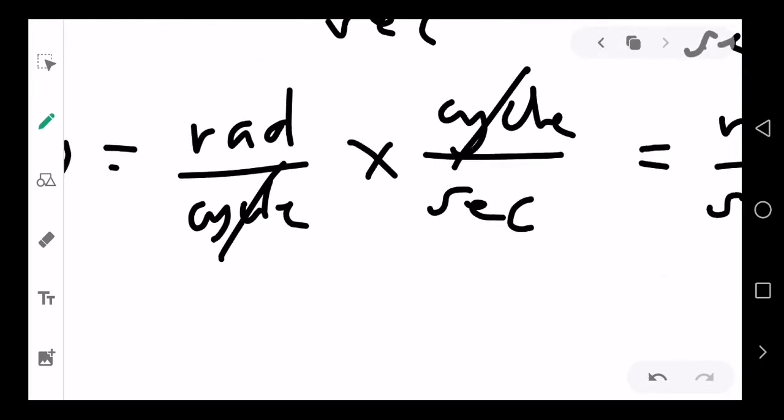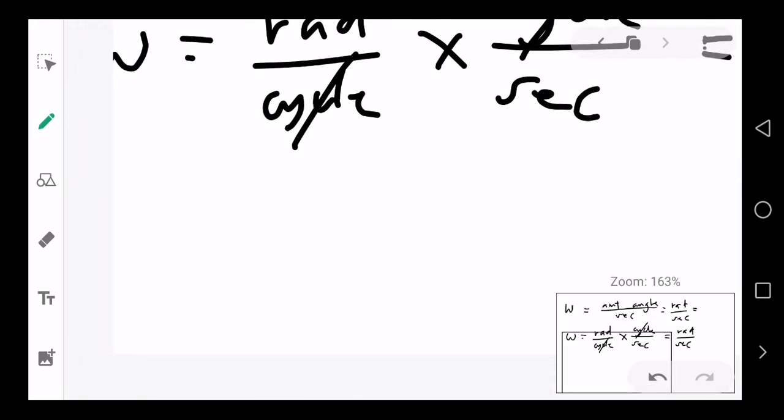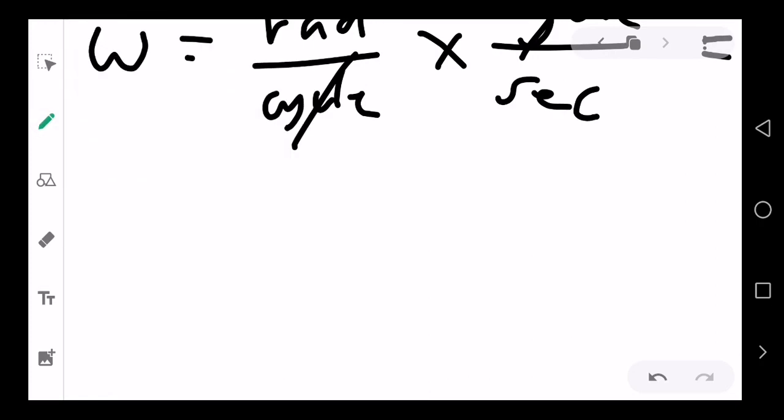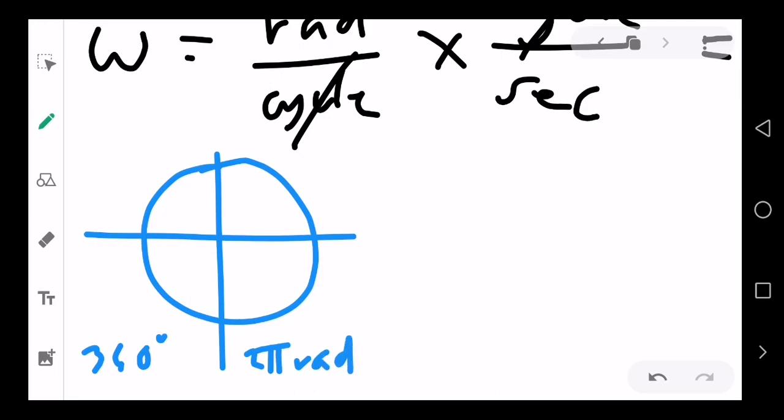We could see this on a graphical representation. Let's say a circle, which we have 360 degrees or 2 pi rad. 2 pi rad, okay?